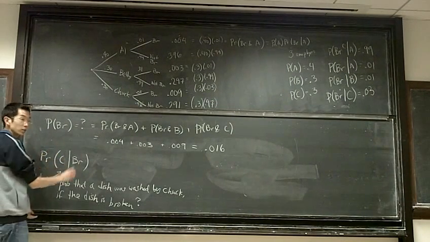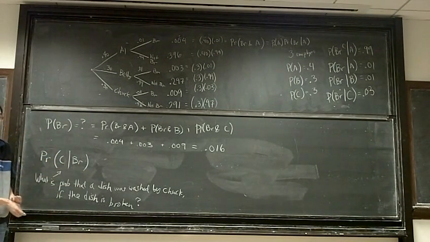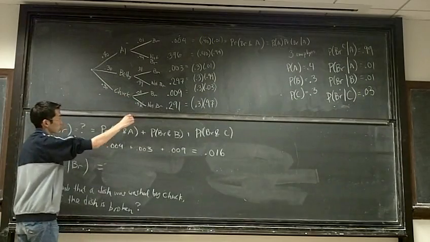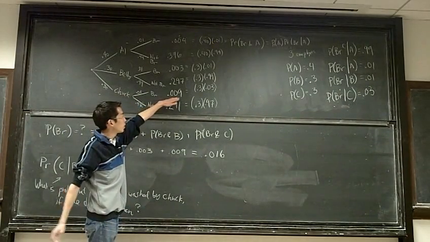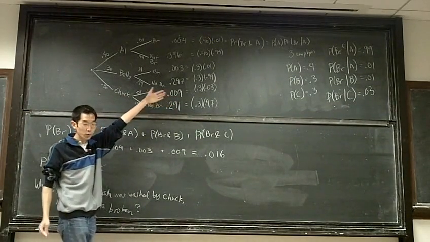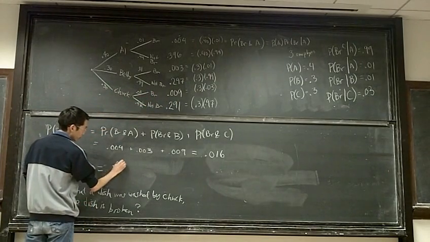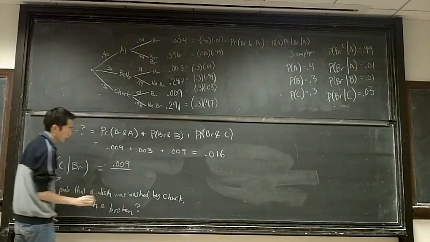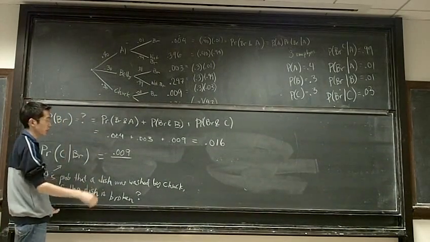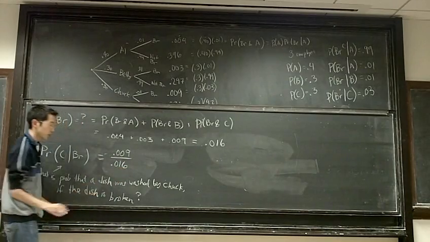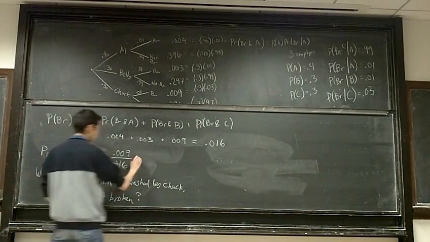Yes? It's just 9/16, no? Yes, 9/16, exactly. So here it's going to be 0.009, that proportion of dishes washed by Chuck that end up breaking, divided by the total amount of dishes that end up breaking.